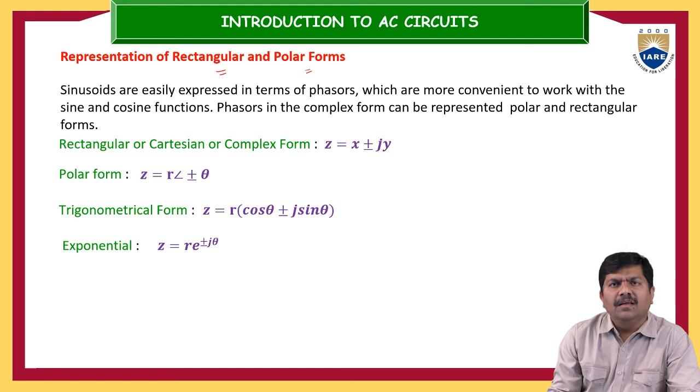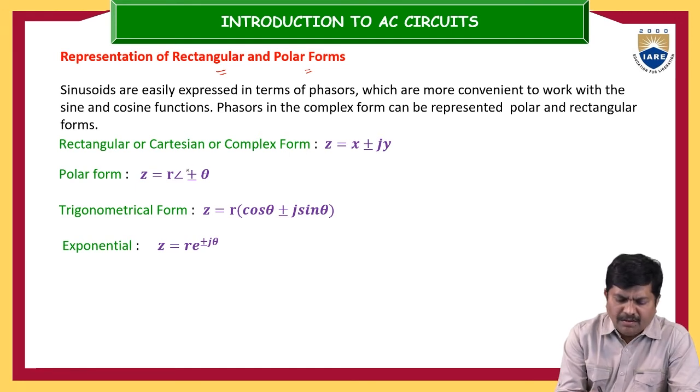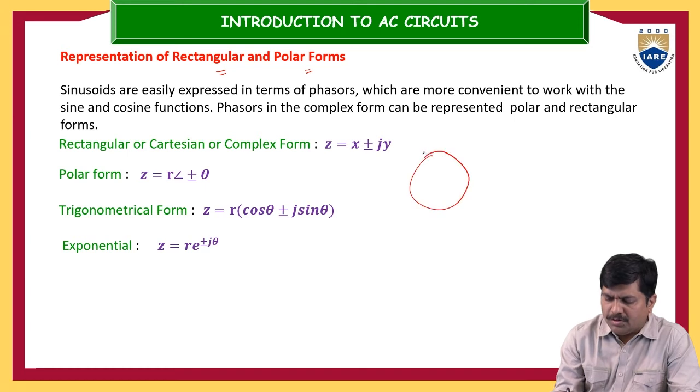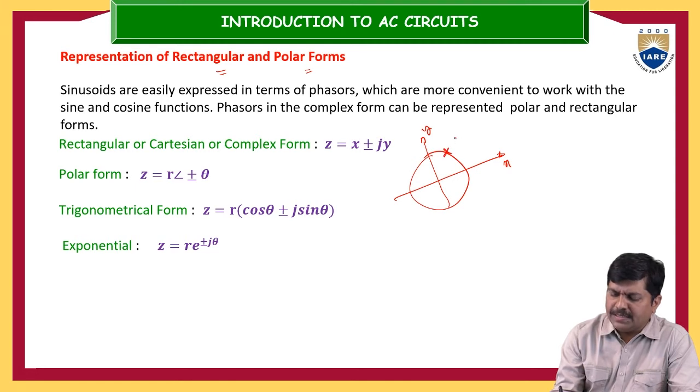Now for the rectangular or Cartesian or complex form: suppose this is our x axis and this is y. Any point in the space can be represented as x plus jy. In the other quadrants, any quantity here is minus x plus jy, here minus x minus jy, and here x minus jy.